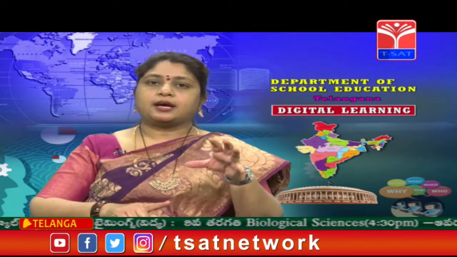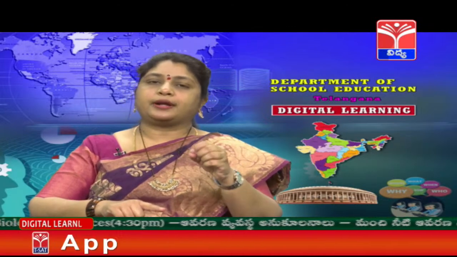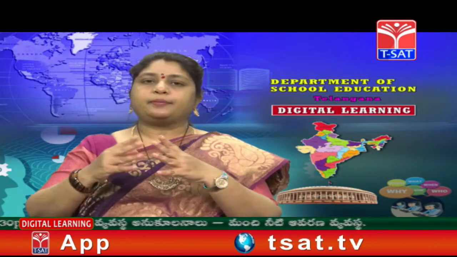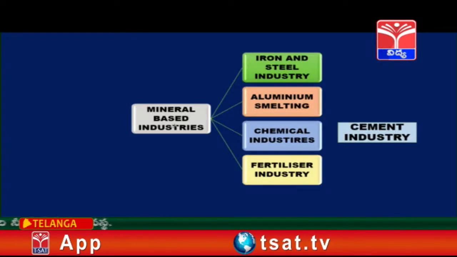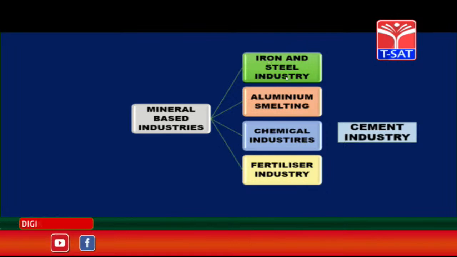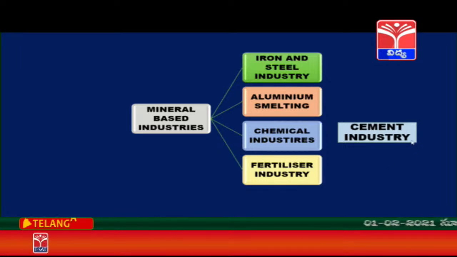So, it is the backbone for any other industry. Mineral based industries can be classified into 5 types. What are they? Iron and steel industry, aluminium smelting, chemical industries, fertilizer industry and cement industry.